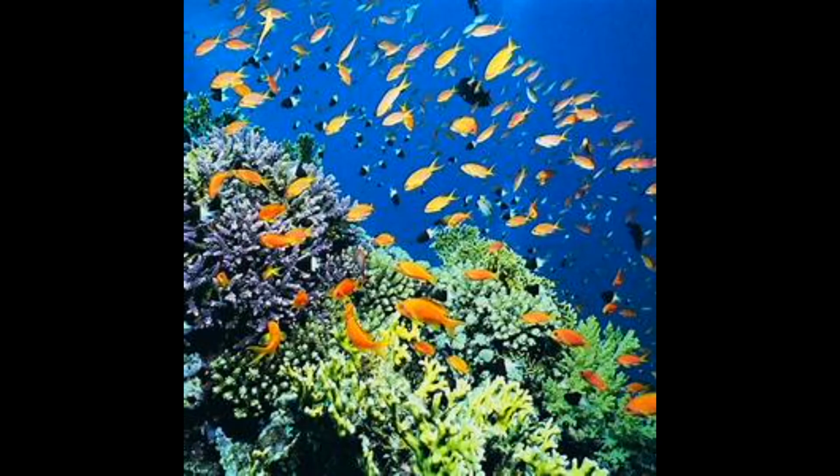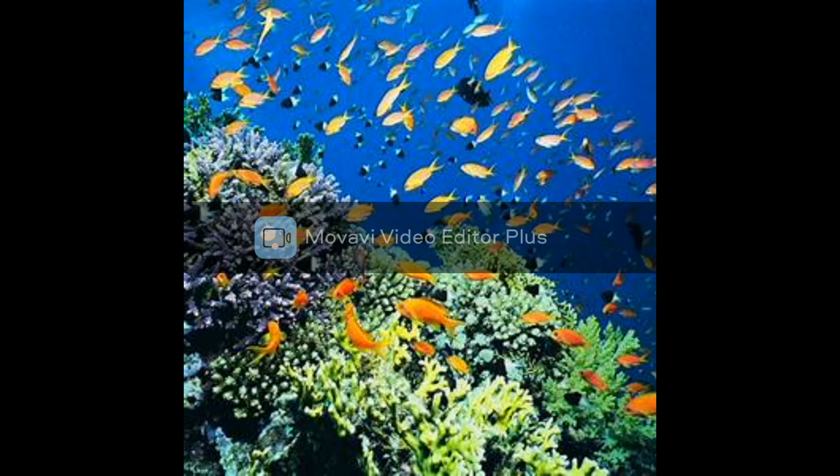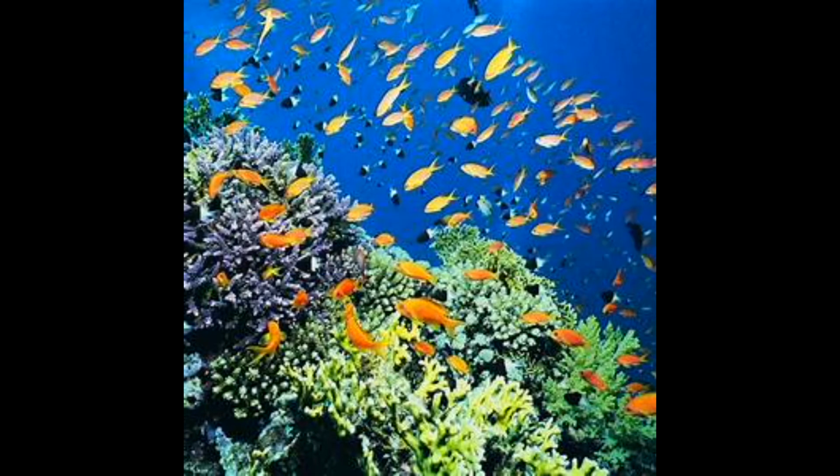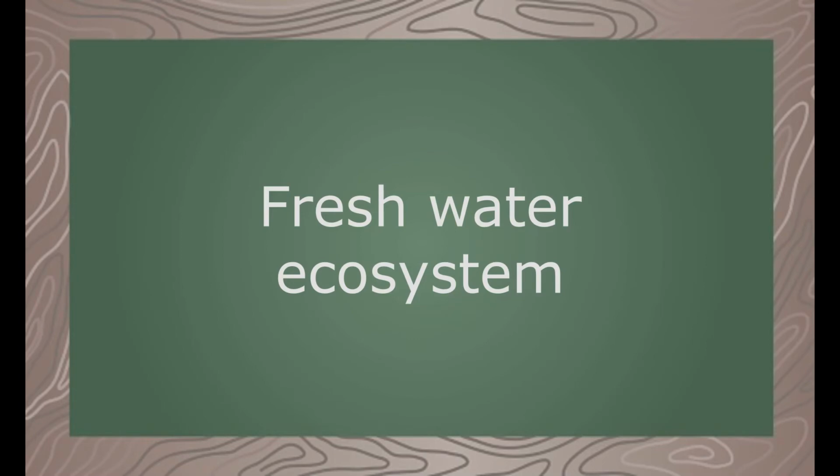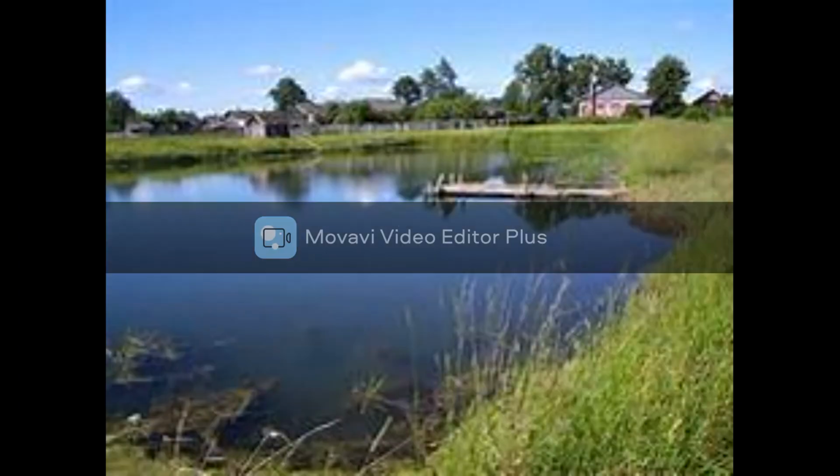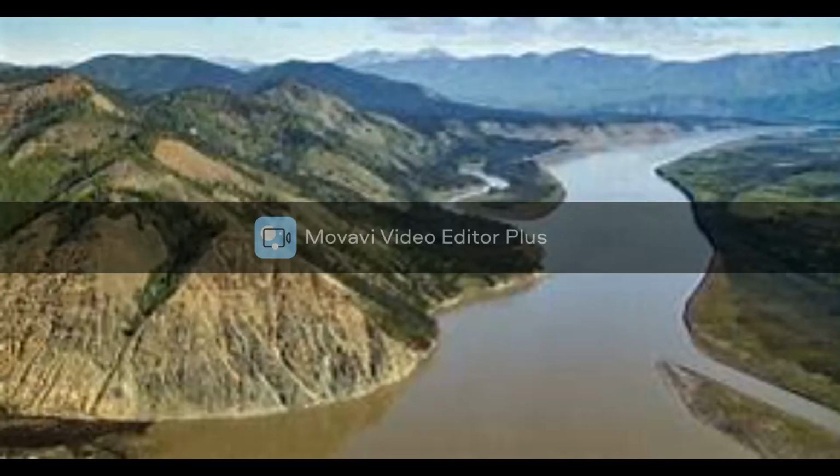Now we are going to learn about the aquatic ecosystem. What is an aquatic ecosystem? It is in water: freshwater ecosystem and marine ecosystem. First we see the freshwater ecosystem. Ponds, lakes and rivers are included in aquatic ecosystems.